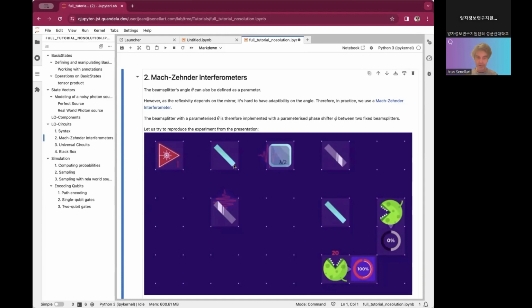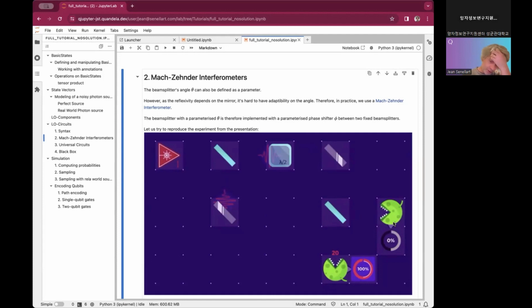This setup, beam splitter, this is a mirror, so we don't really care. It doesn't change the circuit, but the setup is beam splitter, phase shifter, beam splitter. So this one is what you call an MZI, a Mach-Zehnder interferometer. And this is something very basic. It's kind of the minimal brick that you are using everywhere in circuits.